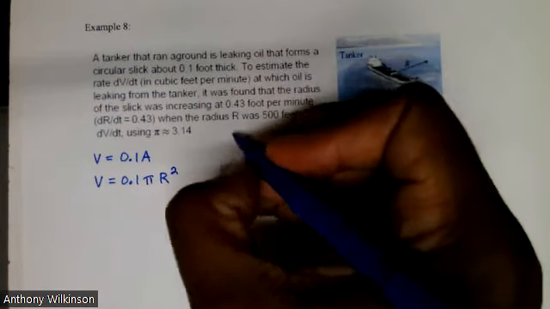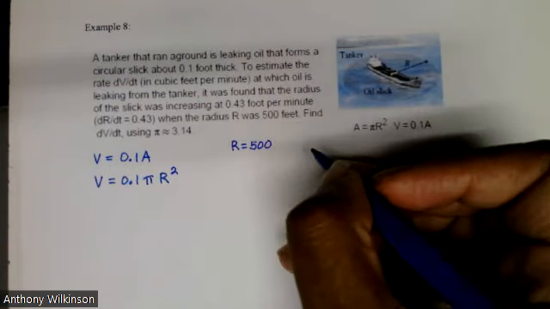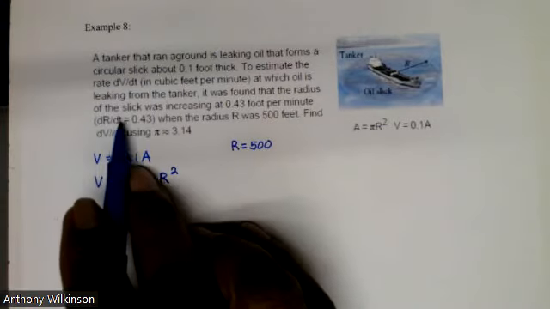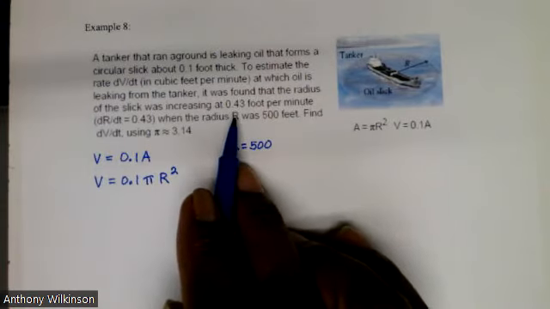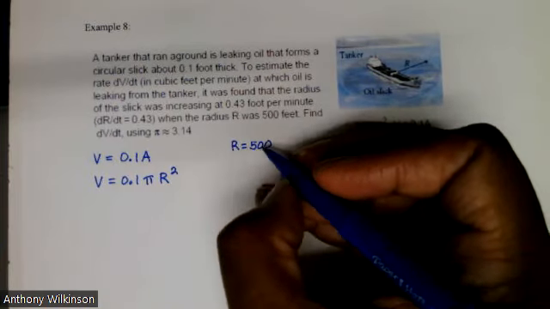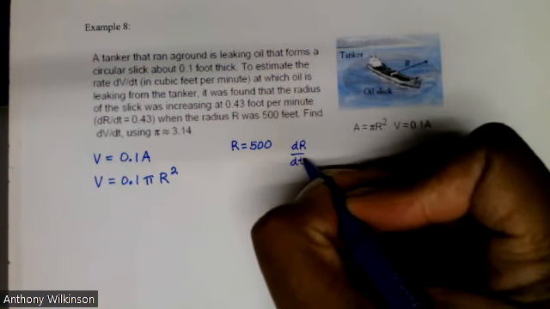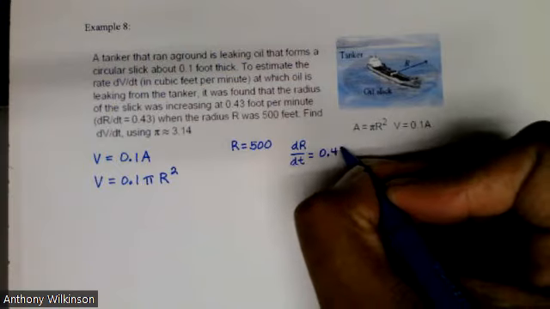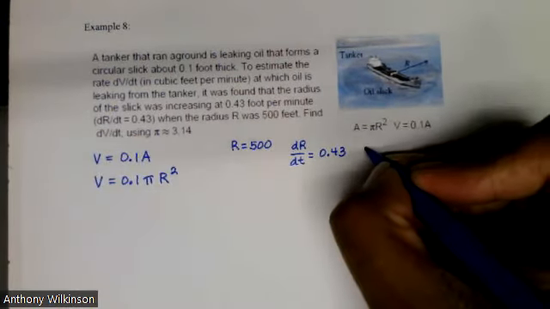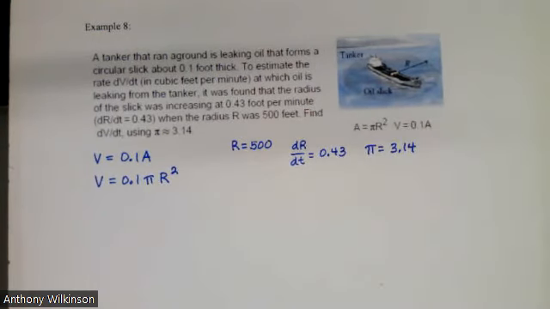And you're told that the radius, which is capital R, is 500 feet. You're also told it was found that the radius of the slick was increasing at the rate of 0.43 foot per minute. That's dr/dt. And they even say that right here. And we're told to use pi to be approximately 3.14.